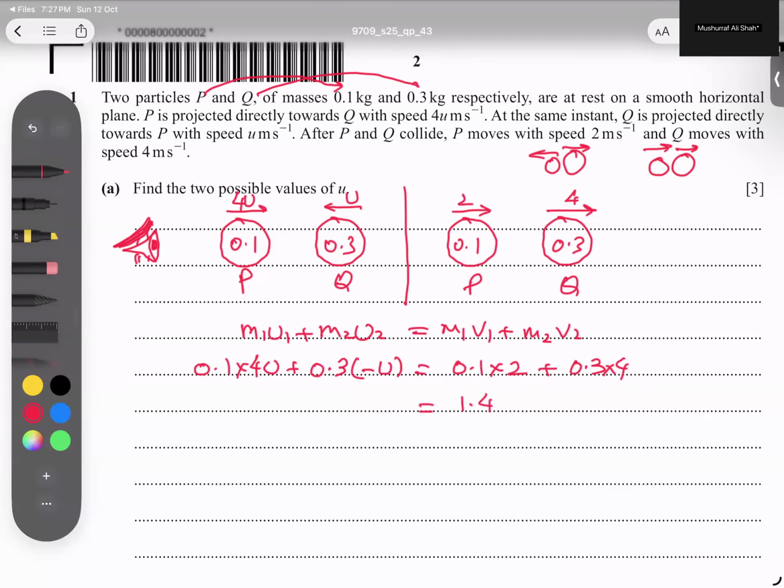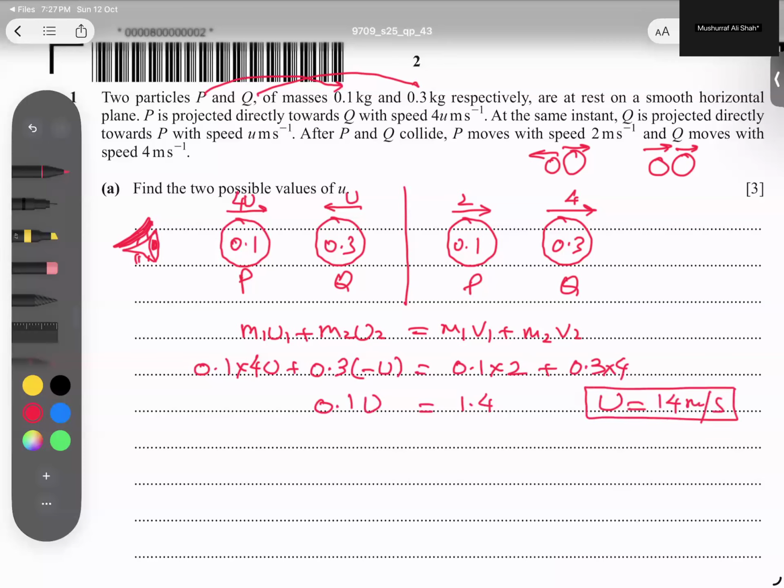So basically I get 0.1U equals 1.4, and if I divide, U turns out to be 14. I think all of you understood how I got the first part. The first part, I got 14 meters per second. So this is the first possibility.